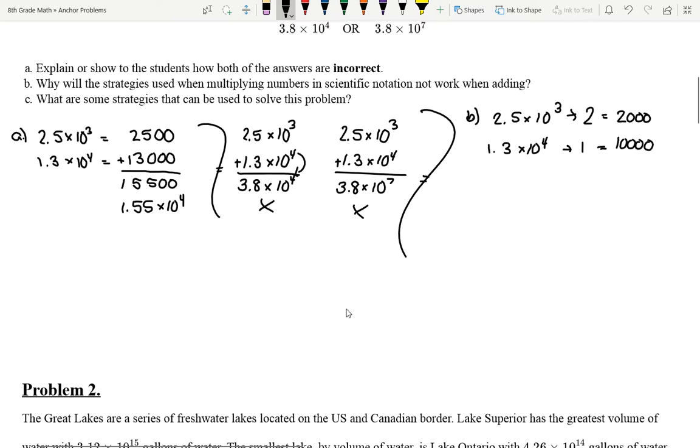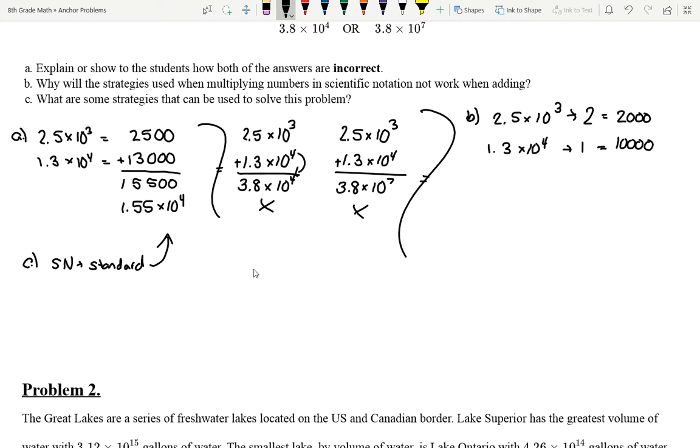Some strategies that you could use to solve these questions? Well, one is just to convert scientific notation into standard form and solving it like we did up there. I mean, you could simply do that, but there is a better way.